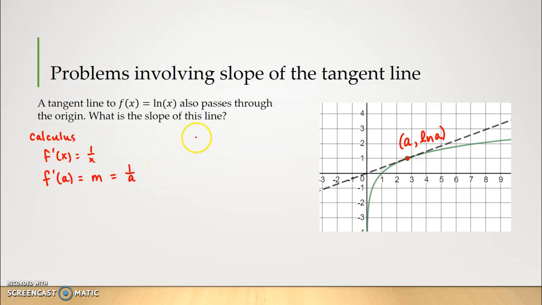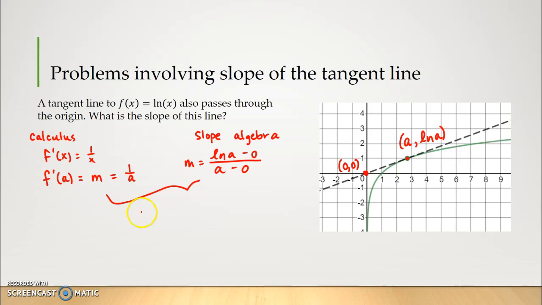But you also studied algebra at one point, and so there's also an algebraic way of thinking about slope. And the algebraic way of thinking about slope is, well, if we pass through the origin, which is 0, 0, and we also pass through this point, we can do y2 minus y1 over x2 minus x1. So these two ways of thinking about slope are the same.